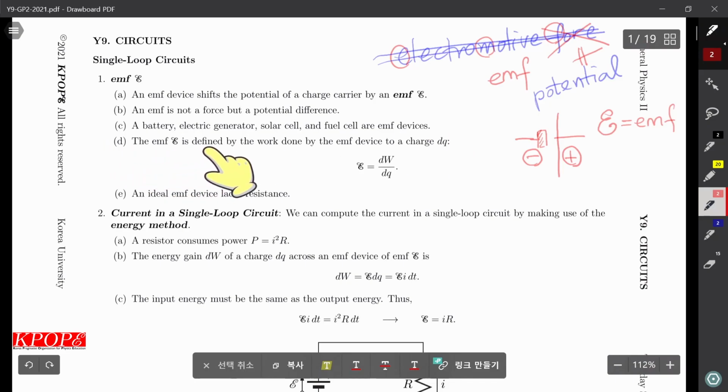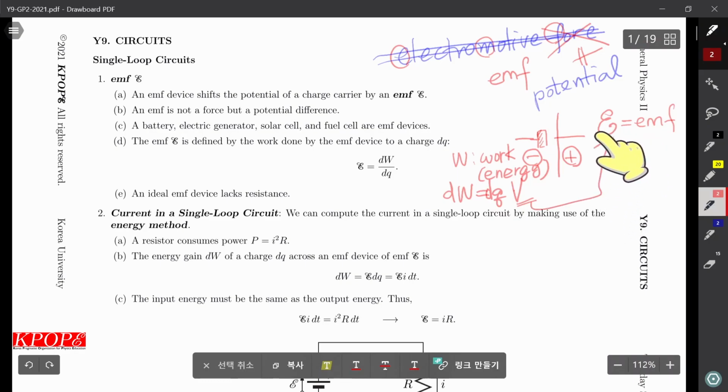The EMF E is defined by the work done by the EMF device on the charge dq. W is work, so it's energy. dW equals dQ times V, so there's a potential difference.